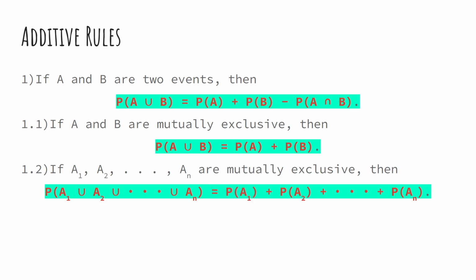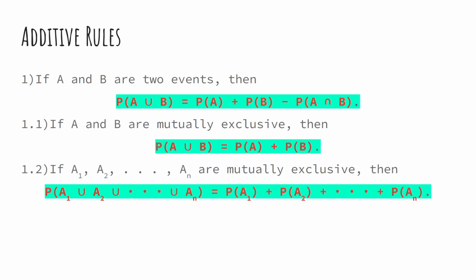If A and B are two events, then the probability of A union B happening will be the probability of A plus the probability of B minus the probability of A intersection B. So what is the probability of A union B?